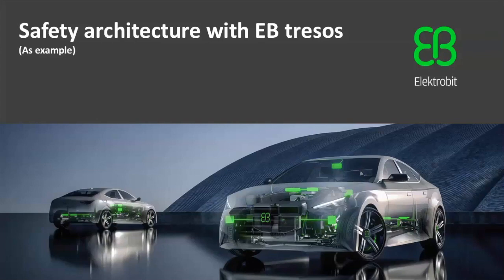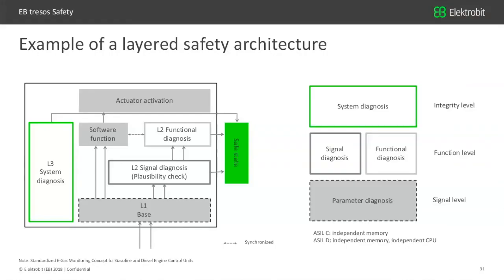Okay, and that already brings us to the last topic for today. That's the safety architecture with EB tresos. And here I would like to basically point out the EGAS concept introduced by Bosch a couple of years back.